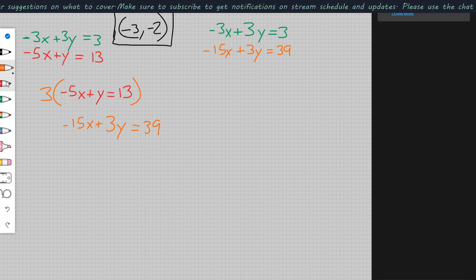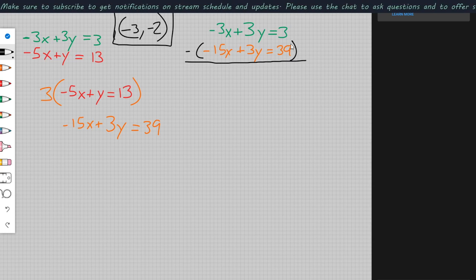Since the coefficients match up but the signs don't, we're going to have to subtract. So 3 minus 39 is going to be negative 36. 3y minus 3y is 0, so they cancel. Negative 3x minus negative 15x, so you're adding 15, is going to be a positive 12x.